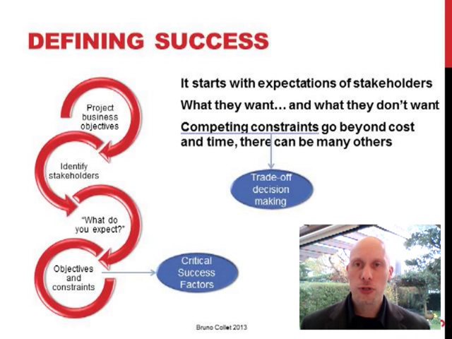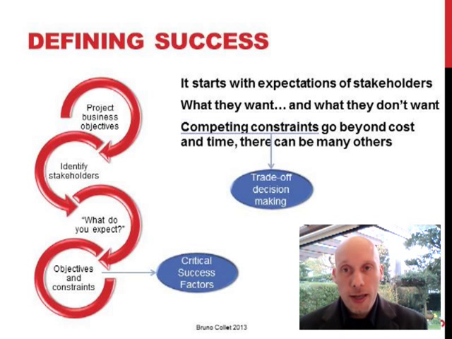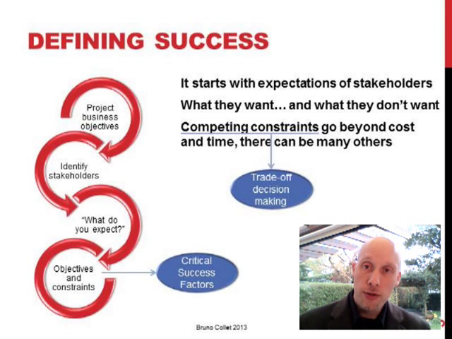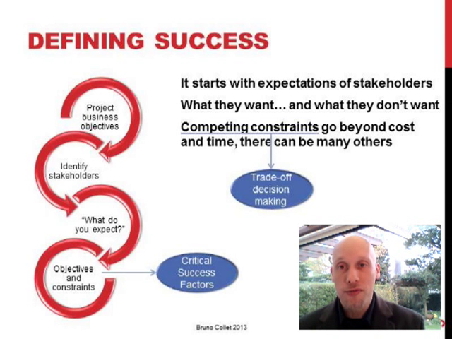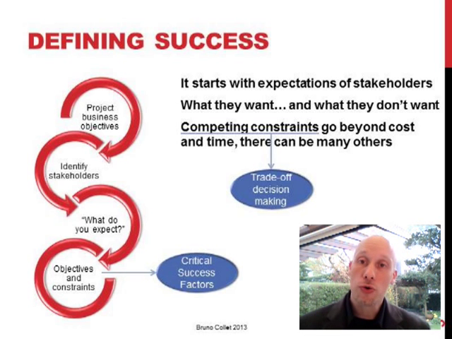Now, you certainly guessed that there will be many constraints, and usually not just time and cost. And these constraints are sometimes in conflict, which means that we might have to make decisions that will make one critical success factor look better and another one look worse. In other words, it might make one stakeholder better off and other stakeholders worse off.